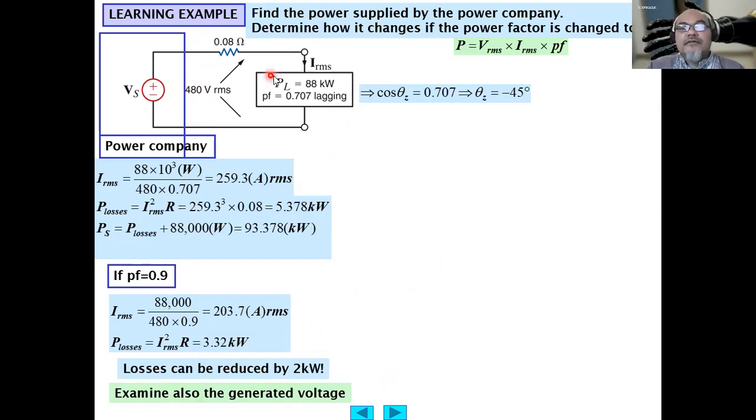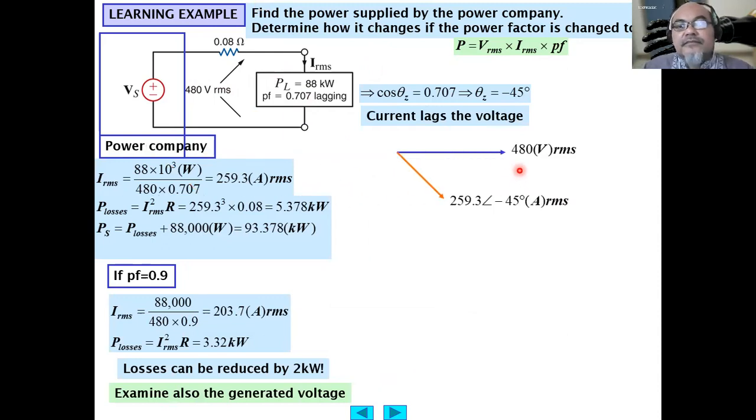So from here, the current lags the voltage. So the voltage of the source will be equal to 0.08 times the current IRMS plus the voltage here.